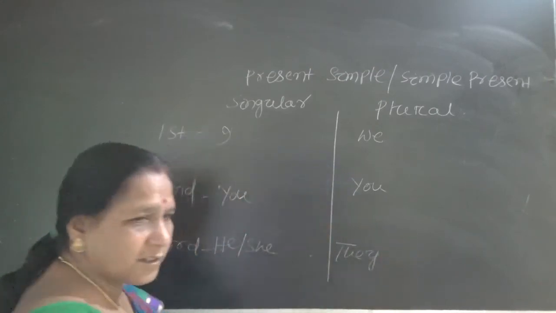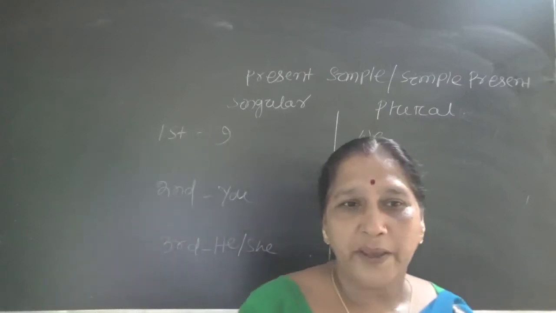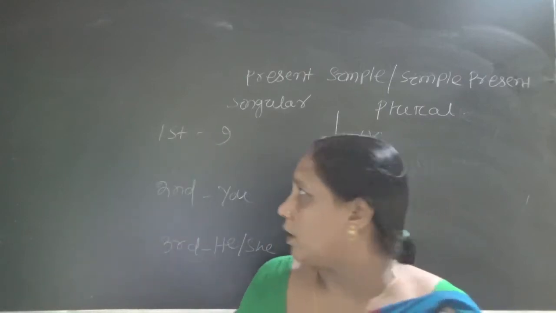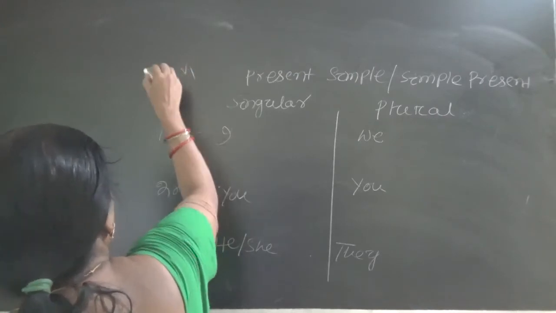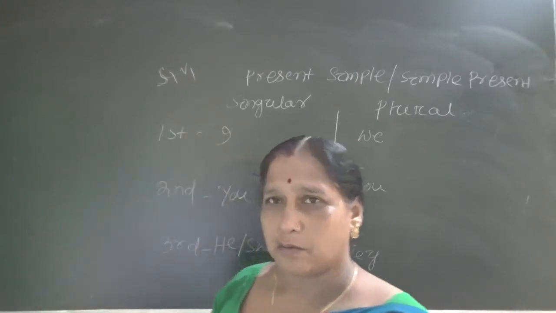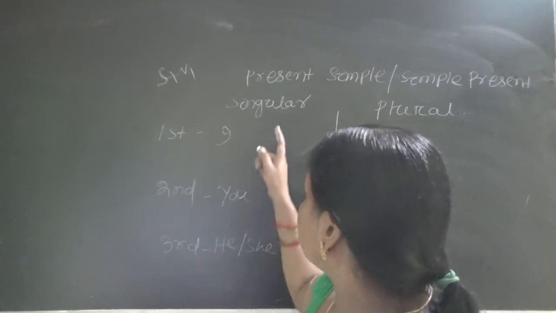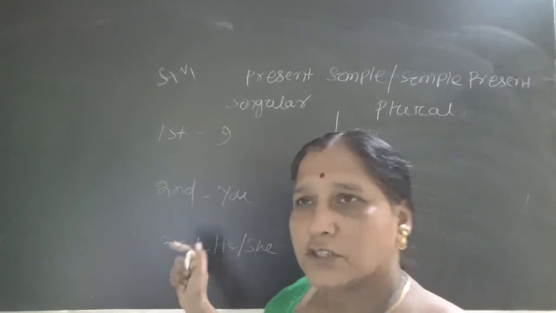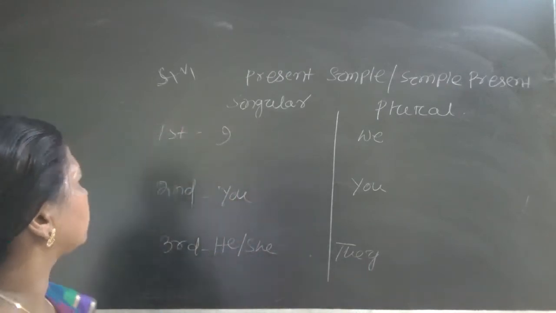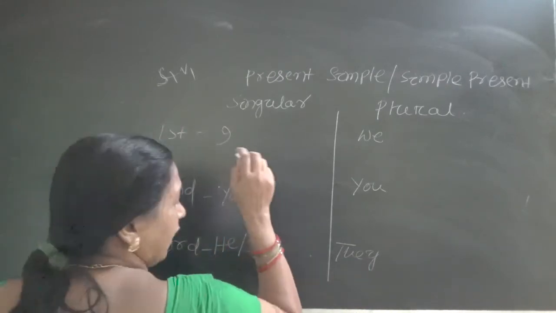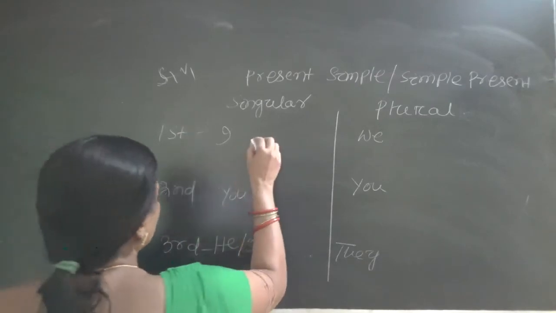This form takes the subject with the base form of the verb: subject plus V1. But in the singular third person, the subject takes the S form. I go.